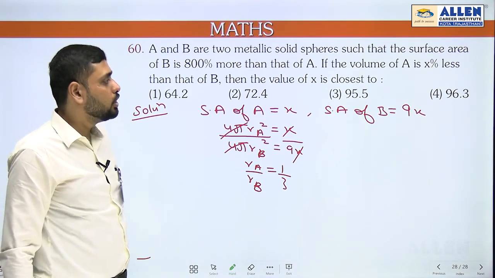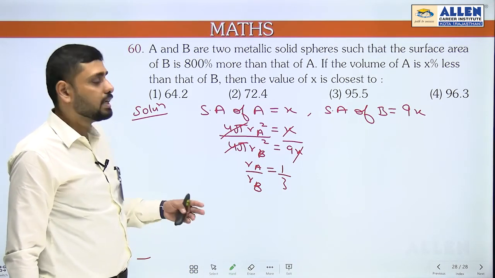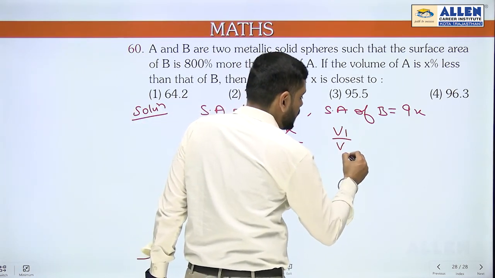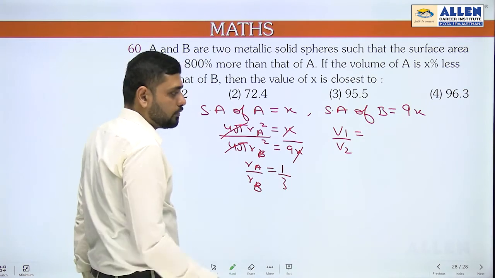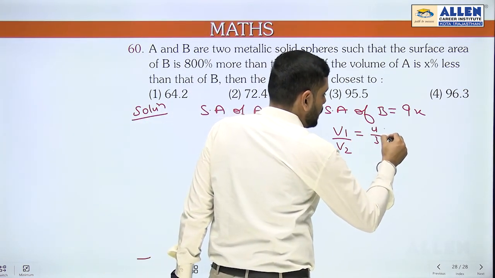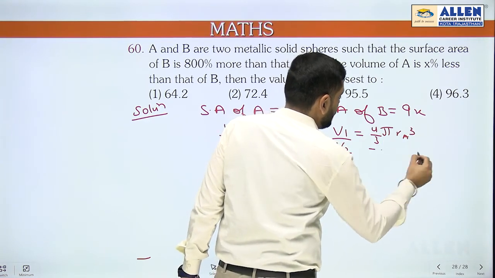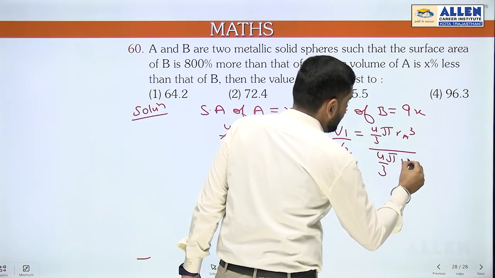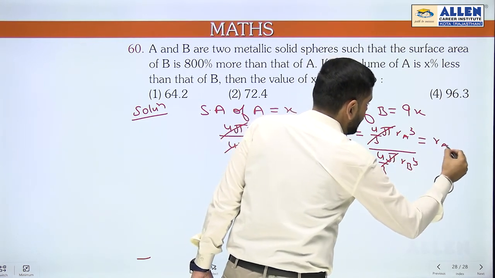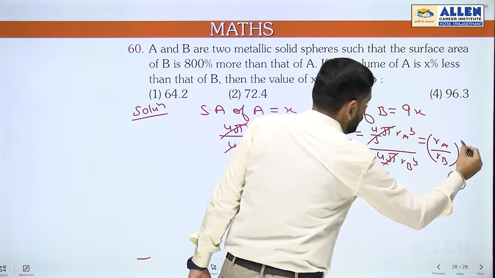Now it is given the volume of A is x% less than B, then find the value of x. So first we'll find the ratio of their volume, right? The ratio of their volume will be 4 by 3 pi ra cube upon 4 by 3 pi rb cube. This will get cancelled. It will be ra upon rb whole cube.